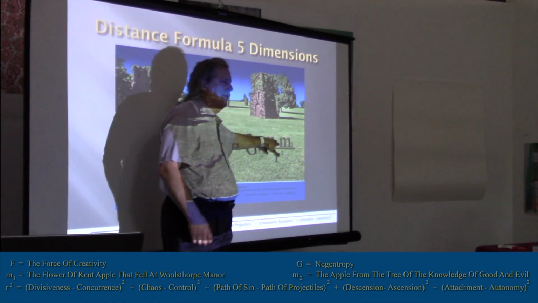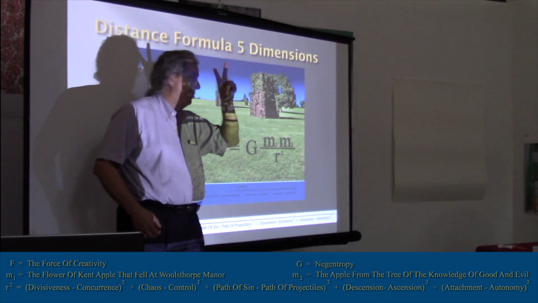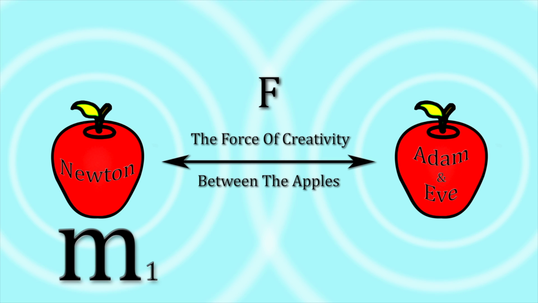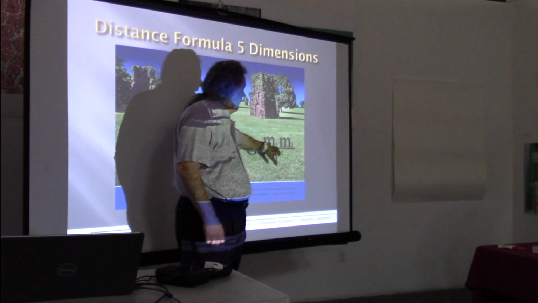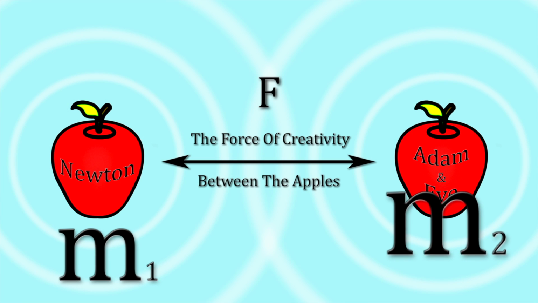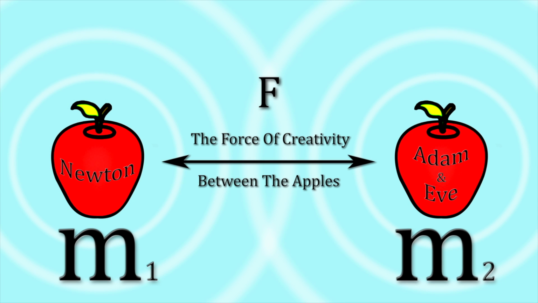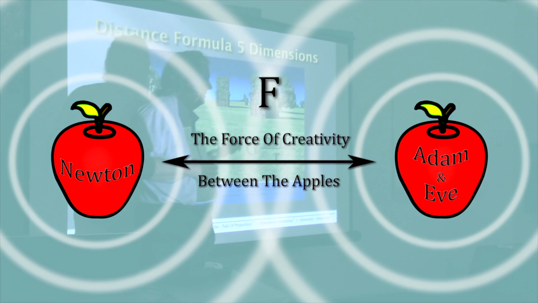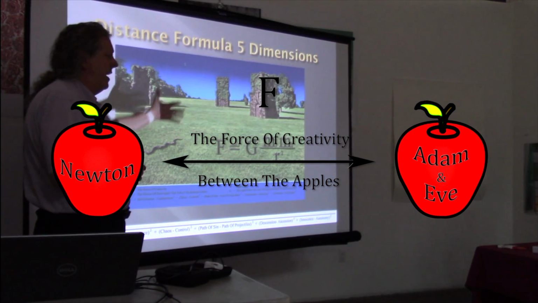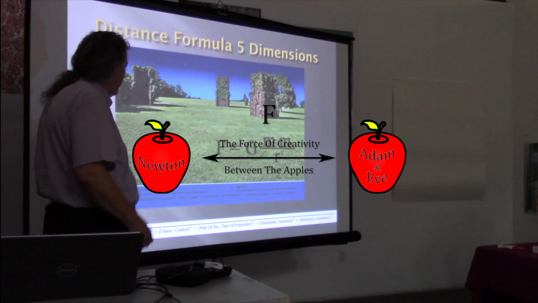We've got two apples in this equation: Newton's apple that fell from the tree that inspired him for this equation, and then the apple from the Garden of Eden, of the knowledge of good and evil. So we're going to map these two ideas into this equation. And of course we have the visual poetic aspects of it as well.